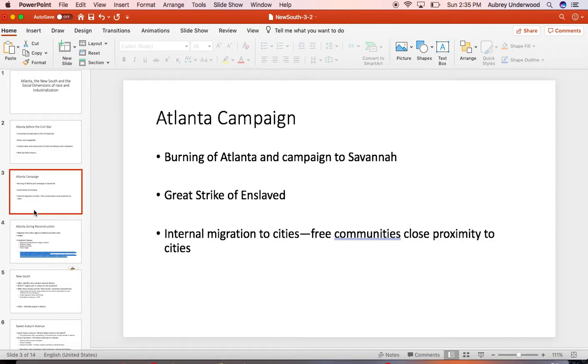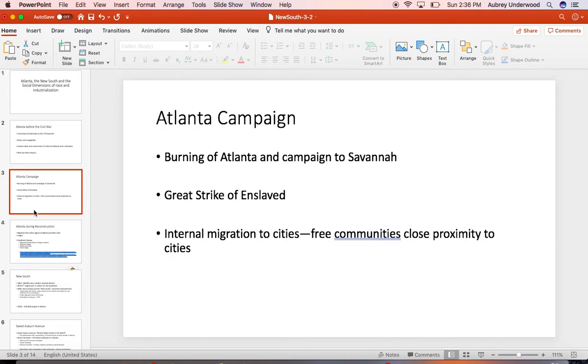As we talked about in class, the Atlanta campaign is taking Atlanta, really cutting off supplies to the rest of the South and literally burning the state to the ground. In this, you also have the Great Strike of those who are enslaved, as Du Bois writes about in Black Reconstruction in America, also going on.